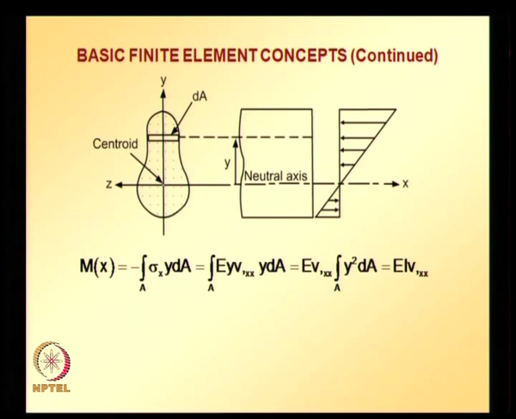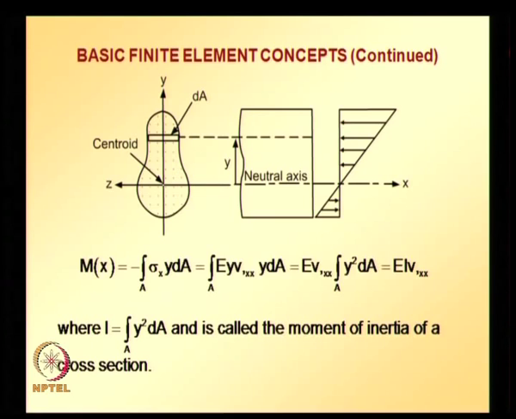Moment is equal to E I second derivative of transverse displacement. So, this is the relation between moment and transverse displacement, and I here is defined as integral y square dA over the cross section. It is called the moment of inertia of the cross section.